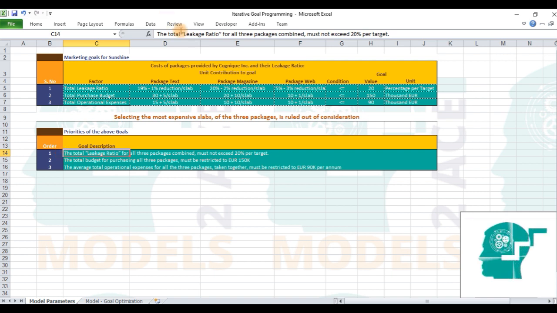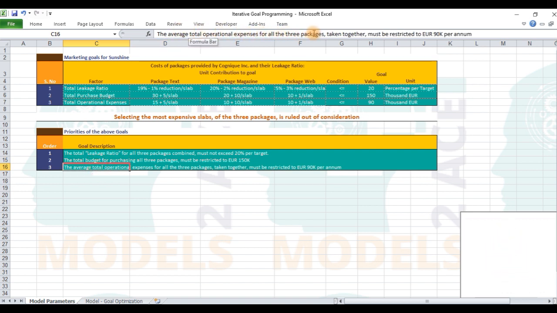Priority 1, the total leakage ratio for all 3 slabs of the selected packages, taking together, must not exceed 20% per target. Priority 2, attempt to restrict the budget to be used for purchasing all 3 packages to €150,000. Priority 3, plan to hold down the average total operational expenses for the 3 packages to €90,000 per annum.